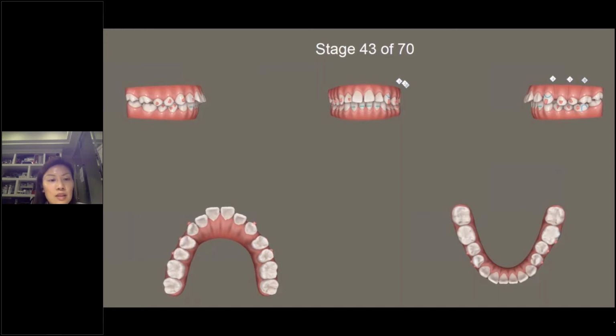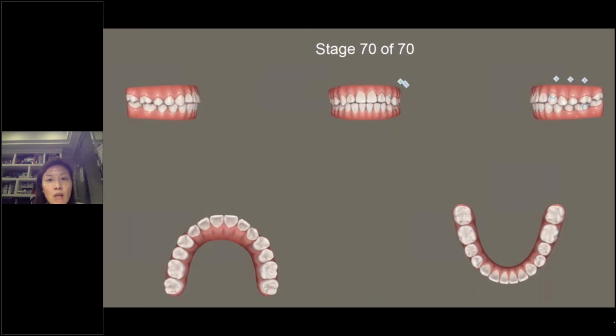When you're using the aligner system, you should learn the power of segmental distalization. It will help with a lot of your cases as well. And for this case, because it has a severe overjet of 8 millimeters, I did some over-engineering at the end. I tried to finish at a negative overjet.